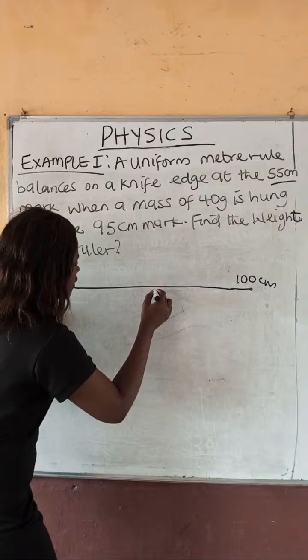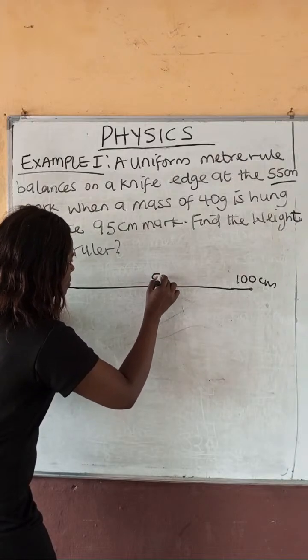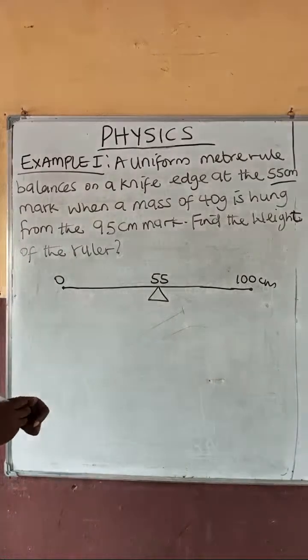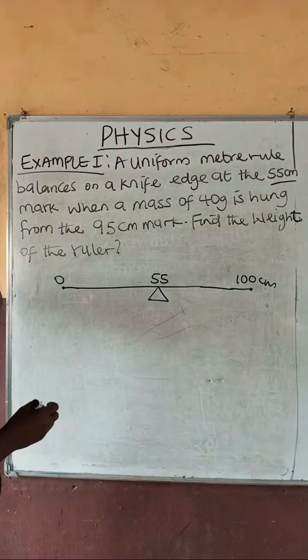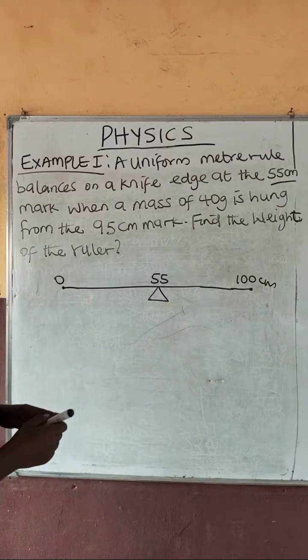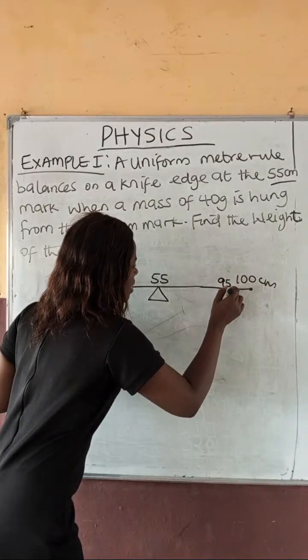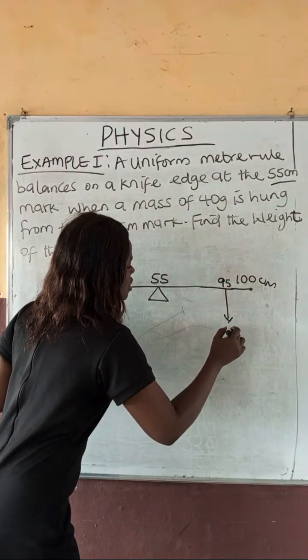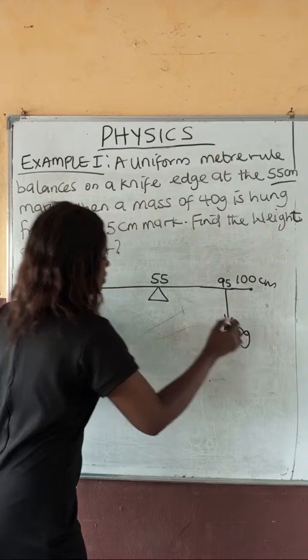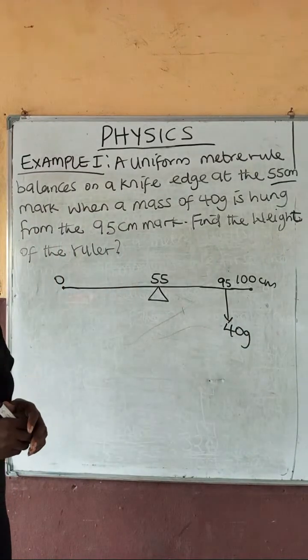This is my 55 centimeter mark. Do you understand? When a force of 40 grams is hung from the 95 centimeter mark, that will be 95. The force is 40 grams. What is the weight of the ruler?